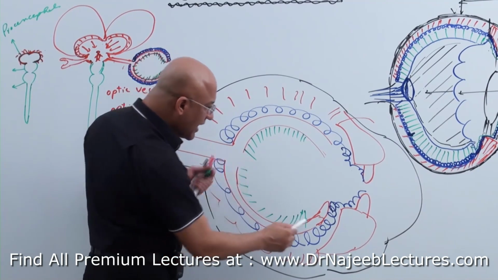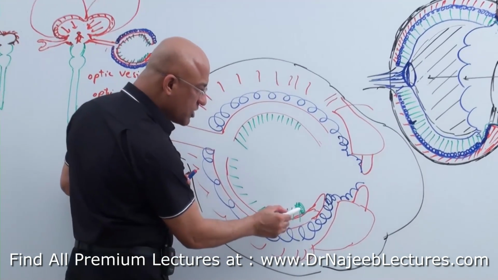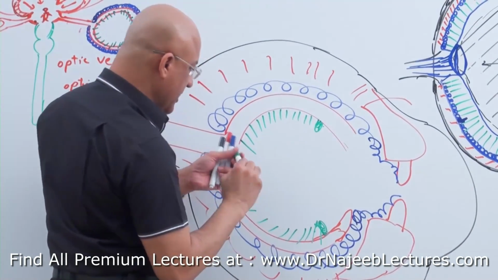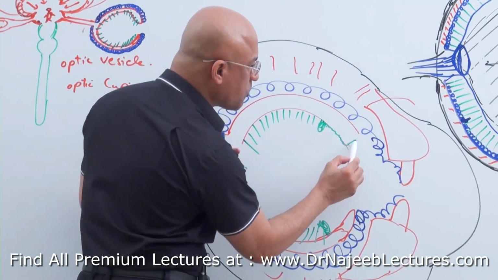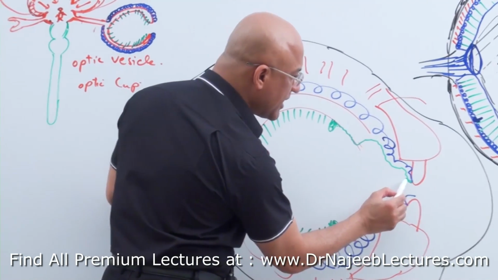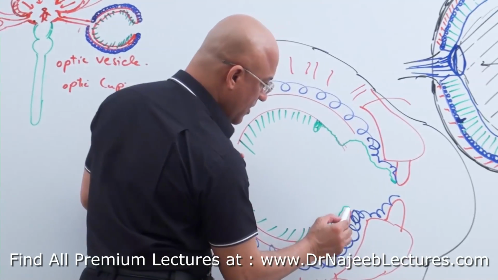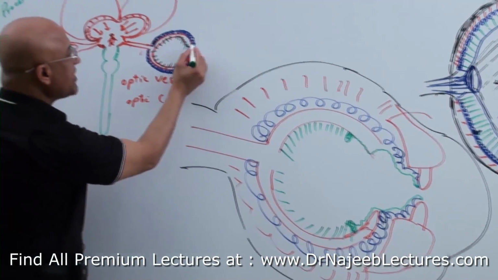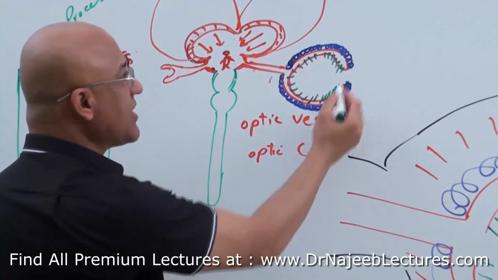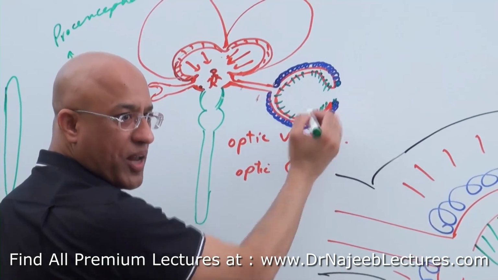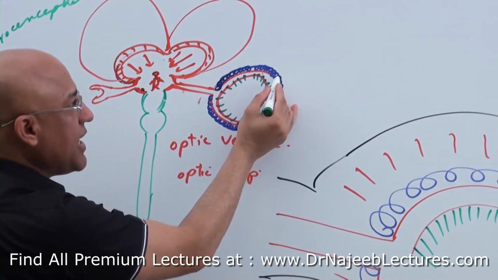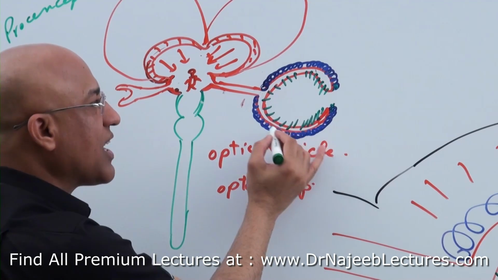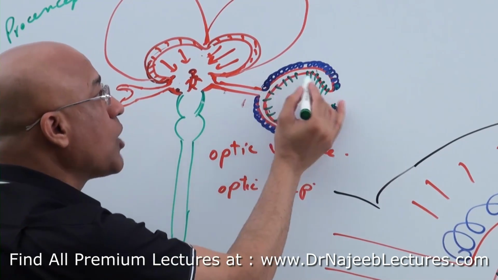In the inner layer, they have rods and cones up to this area, but at the ora serrata and ahead of it, there are no rods and cones, only a little supporting tissue continues, and then they fuse here. You understand? This is the point, at the margin of the pupil. And then this double layer lies on the ciliary body.